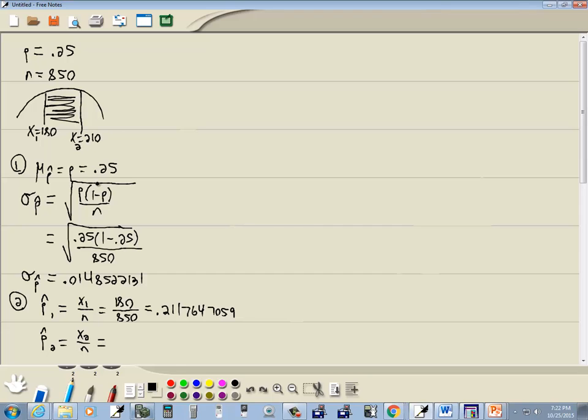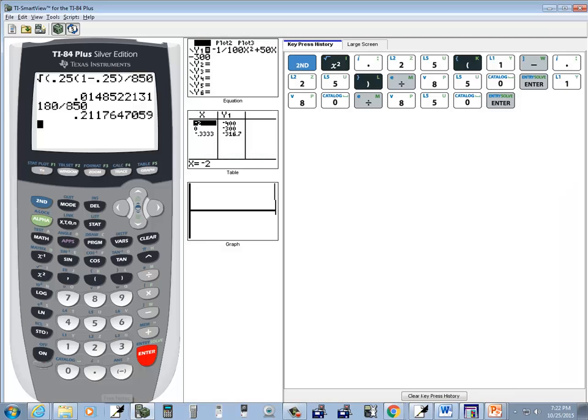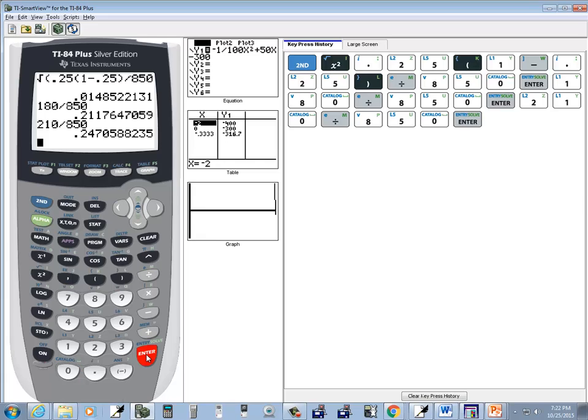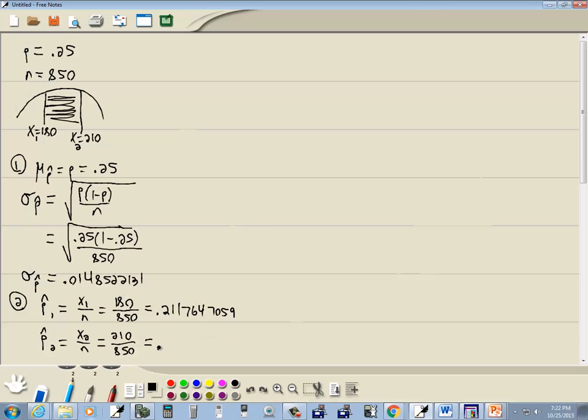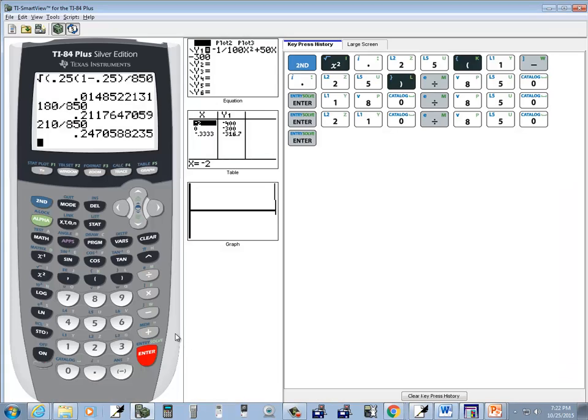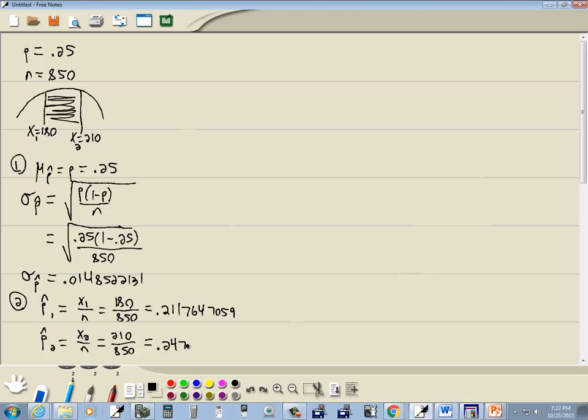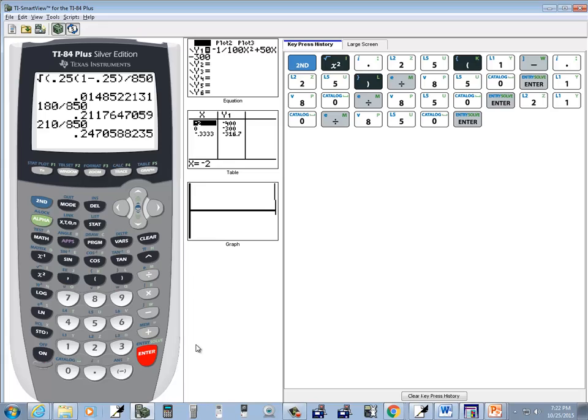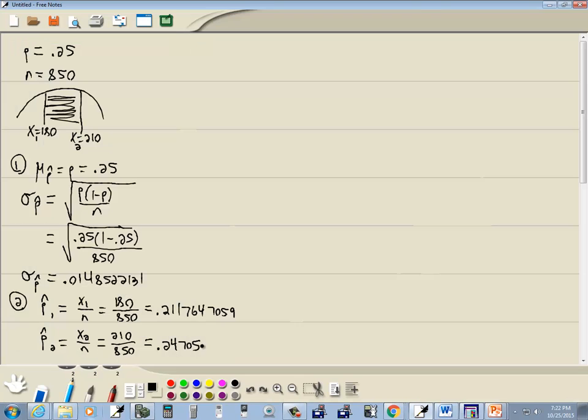So it's the other x value, 210, over 850. So 210 divided by 850. And that's going to give us, and again, don't round these, 0.2470588235.